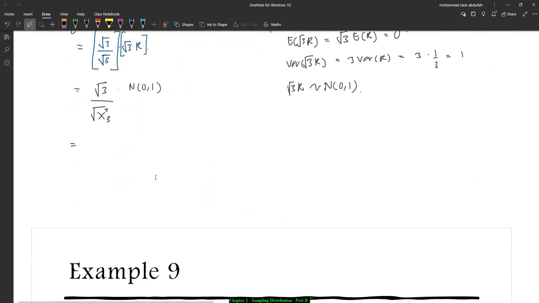So this one should be a standard normal distribution over a chi-squared with 3 degrees of freedom divided by 3. So it has a t distribution with 3 degrees of freedom. Right? We compare to theorem number 4.